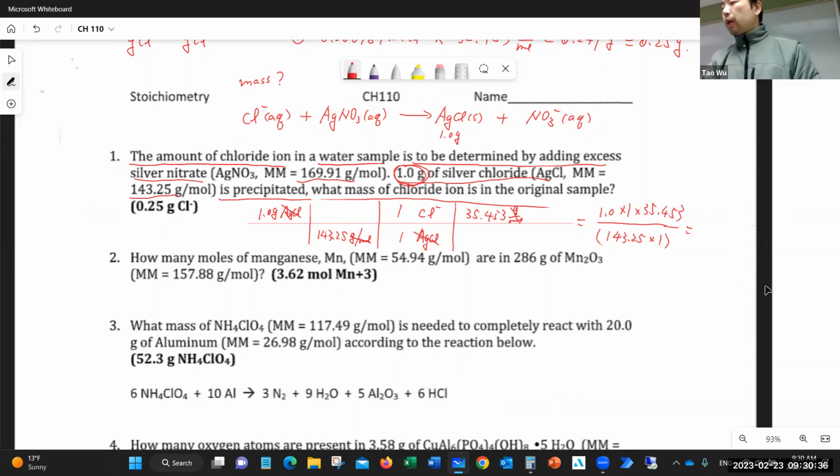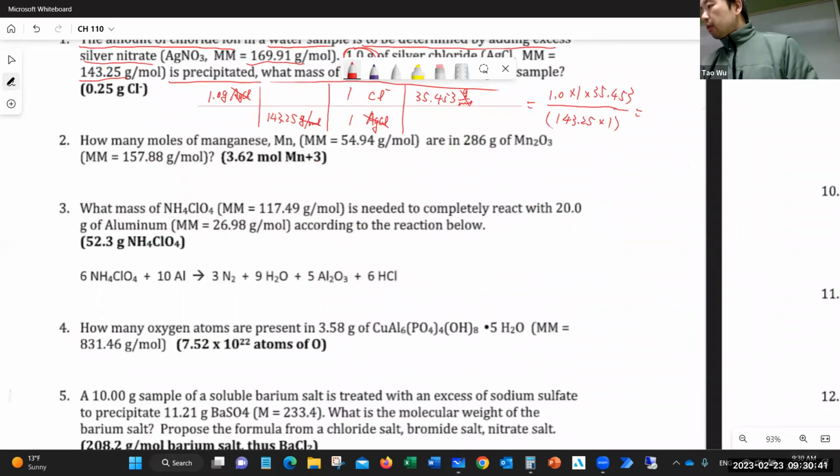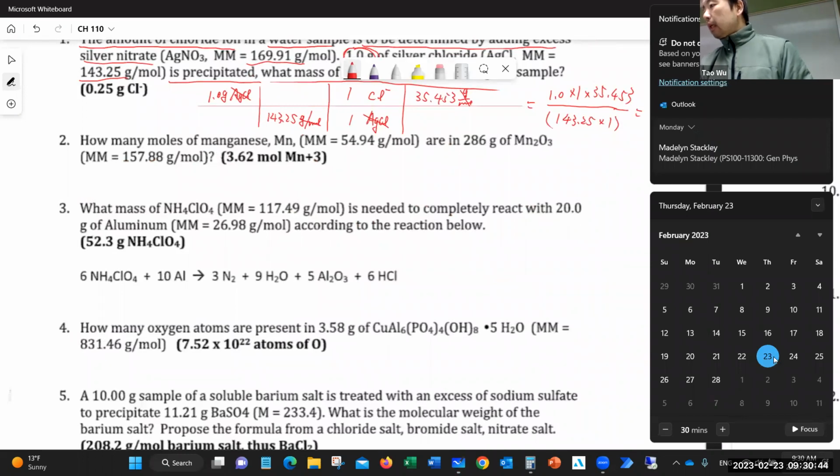By the way, I need to mention one thing. Today is Thursday, right? Next week, we're still going to have a lecture, and then we're going to have an exam on the 7th. On the 28th, we will have a quiz, and the quiz is about writing chemical reactions. I give you the reactants, and you predict what the product will be.